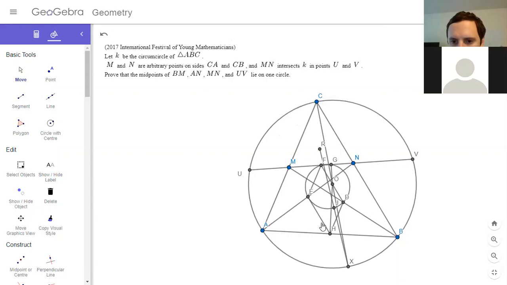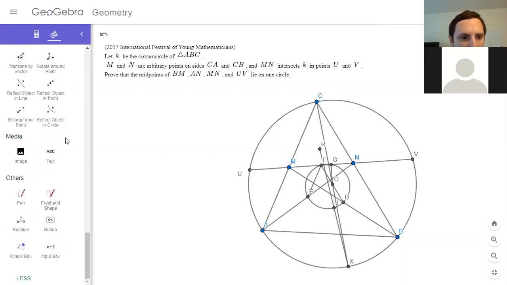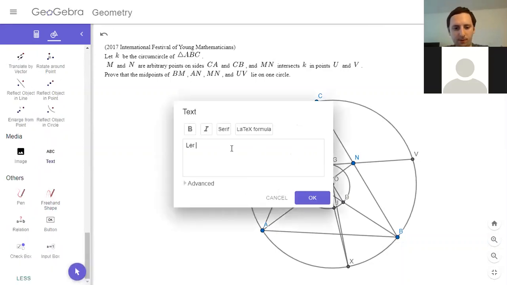We don't need H. We started with R as the orthocenter of CMN and CX as the diameter.